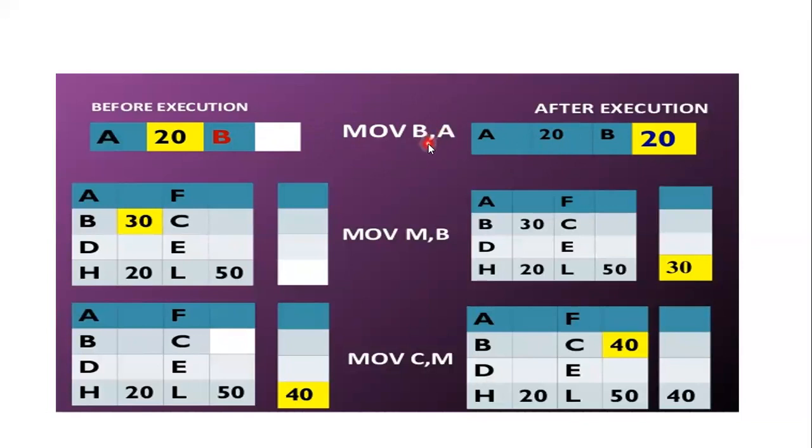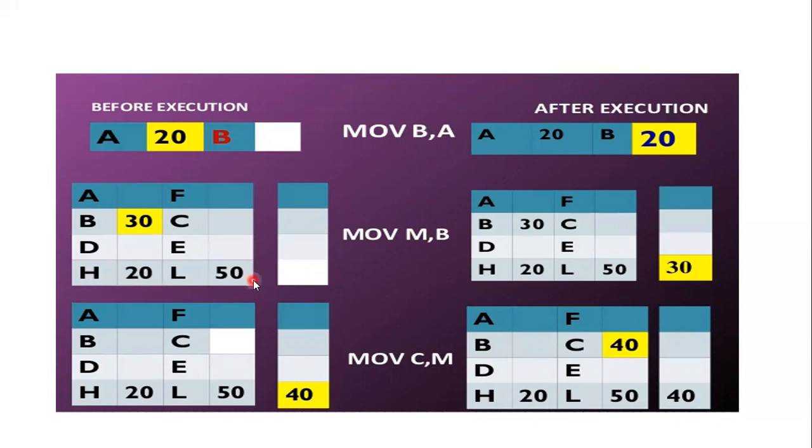So that was register to register. The next one is register to memory: MOV M, B. That is, the content of register B is moved to memory location M. Suppose that B has the value 30. Since M is a memory, it uses the register pair HL.